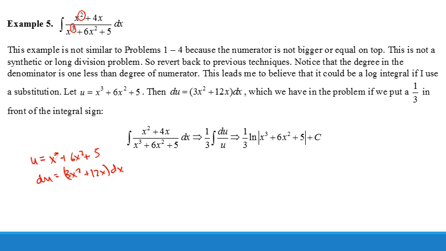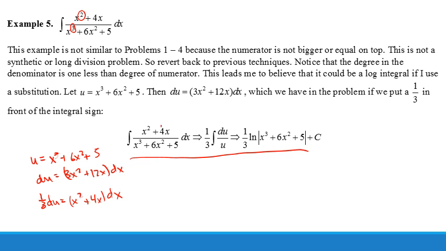If you notice, I have x squared plus 4x dx, and so I'm just going to divide this equation by 3 so that I have what I need. So this is going to be x squared plus 4x dx.